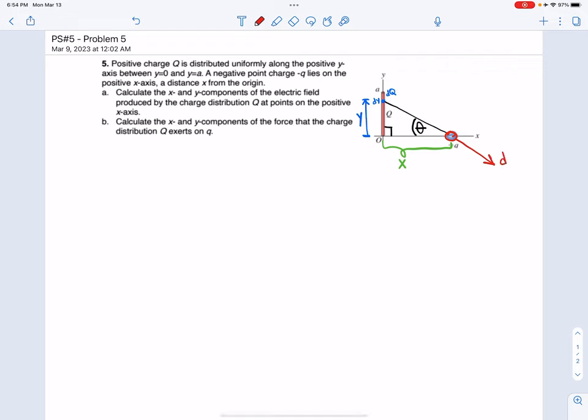So that would be our dE that we experience, right? And again, this is theta. Okay.